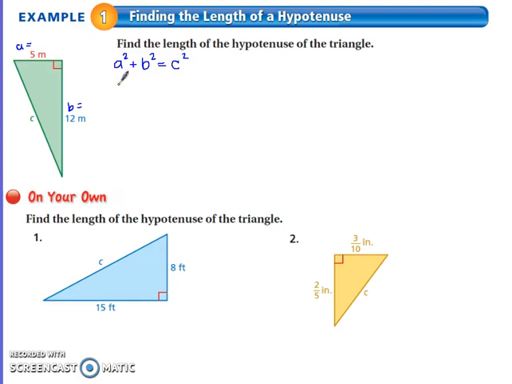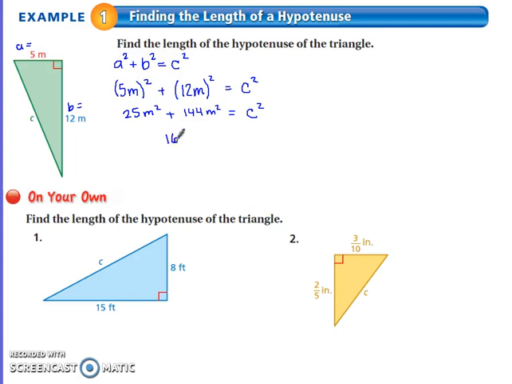So I'm going to take the first, which is 5 meters, and I square that. Then I add that with the square of 12 meters. And the final result will be the hypotenuse squared. So simplifying, I've got 25 square meters plus 144 square meters is equal to my hypotenuse squared.